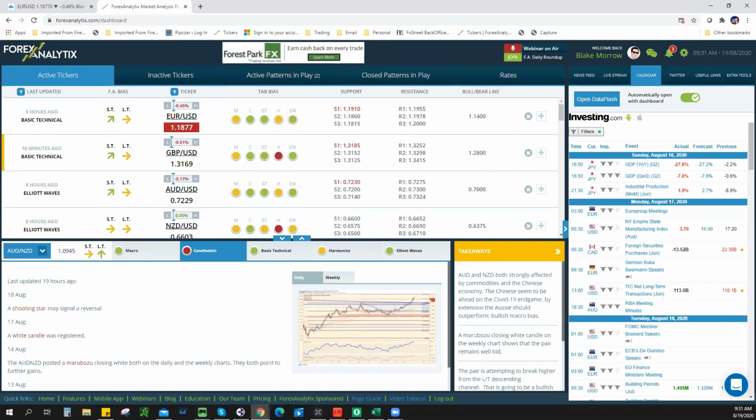We have some risk. I know you're probably thinking, risk of what? Risk of the US dollar showing a quick reversal here.